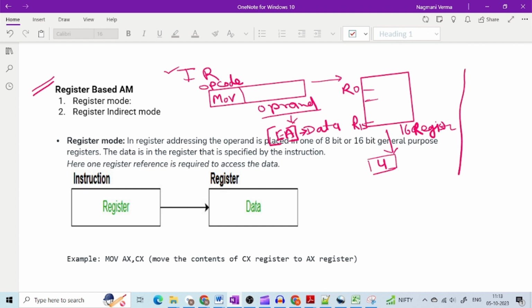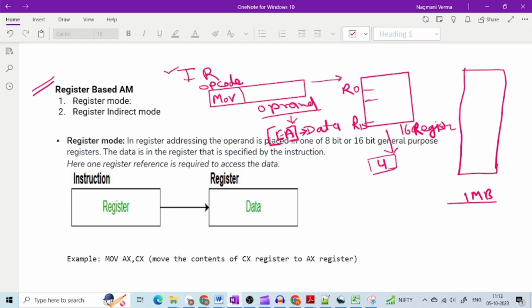Similarly, let's talk about the RAM. Definitely RAM will be bigger than the registers. For example, this RAM is 1 MB. How many bits are required to address 1 MB of RAM?